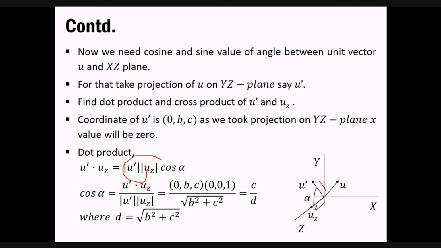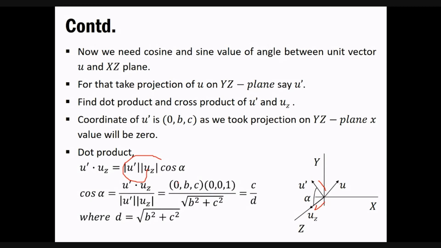Now, based on the values, you just need to replace each thing with the value it is having. The very first thing that you have is u dash, and its respective value is 0, b, c, because it is the projection on the yz plane.